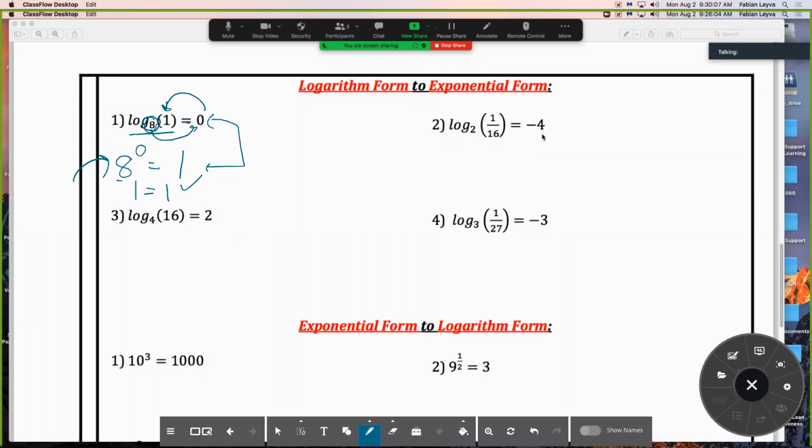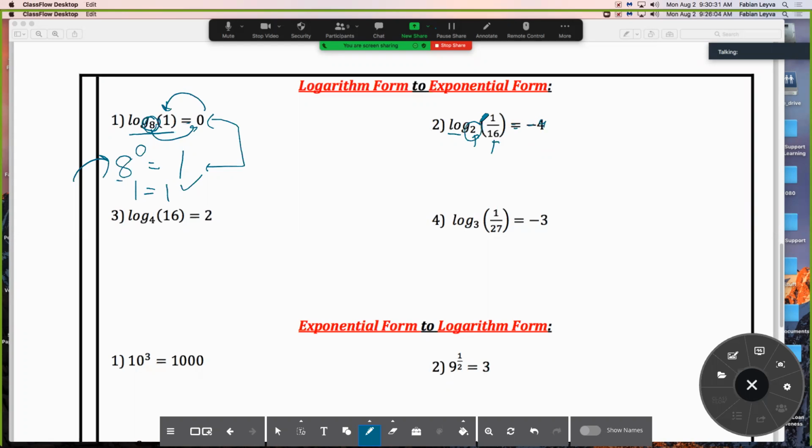All right, guys, so notice in problem number 2 and 3 and 4, we have a log written. Now remember, logs are just really fancy exponents. So you need to be able to train your mind to see the exponent within the statement that's written. So if I look at this one, I notice I have log base 2 of 1 over 16 is equal to a negative 4.